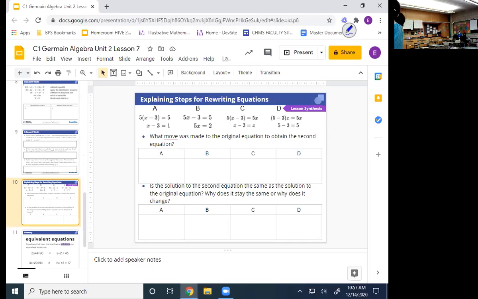Very good. We divide each side by 5. Does that maintain equity? Yes, it does. Very good. So will it have the same solution? If you maintain equity, if they are equivalent equations, it's going to have the same solution. Very good.